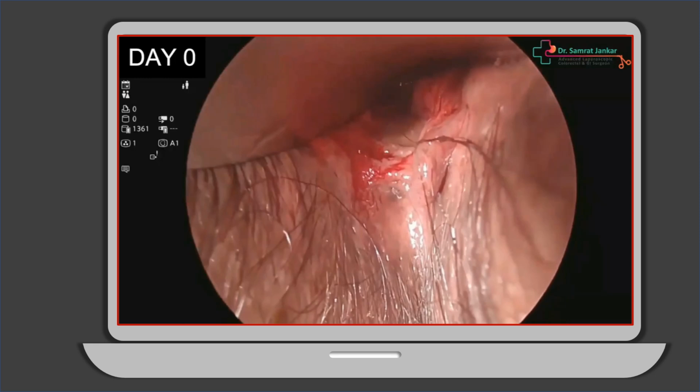Thorough draining of the abscess cavity was done, and we place one gauze piece with a long artery forceps. We can see that the gauze is coming from the internal opening, and we are debriding the complete cavity using the gauze.